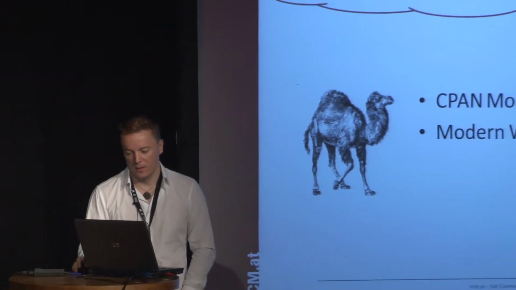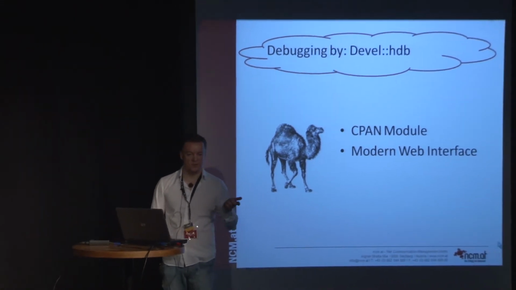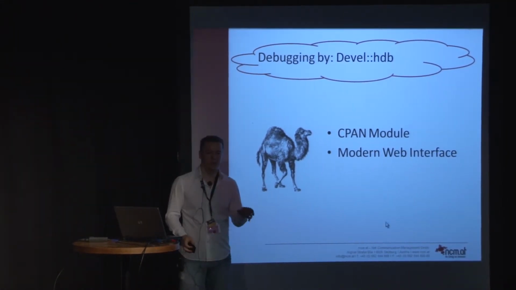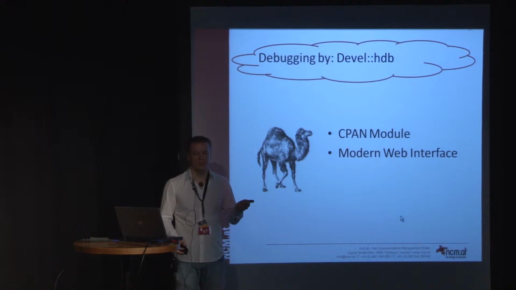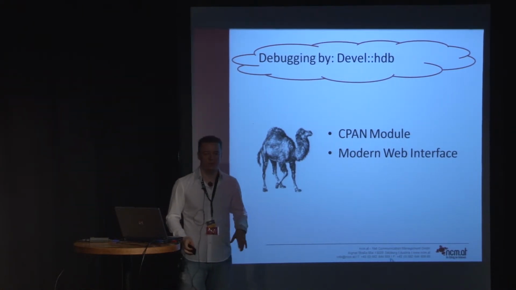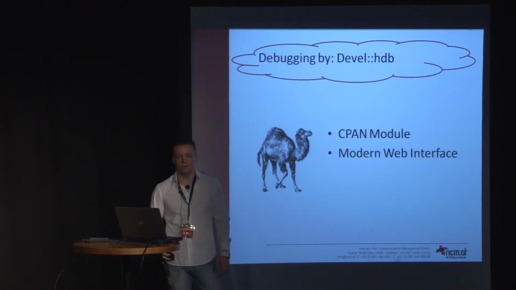I want to show you the Devel HDB today. So what is it? It's basically a CPAN module. It has a modern web interface, built with Bootstrap, and it has its own web server built in. So it's really nice to work with.